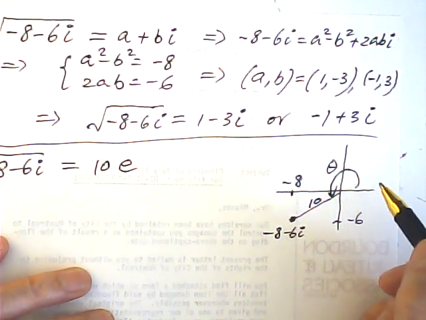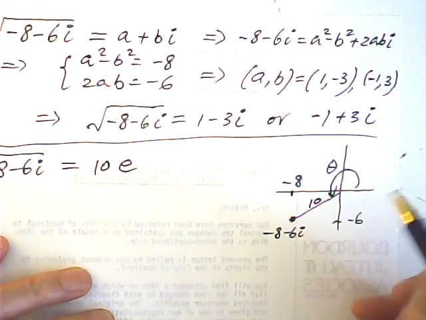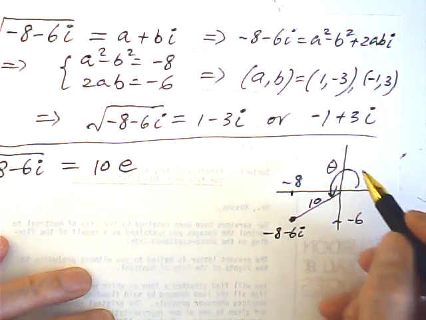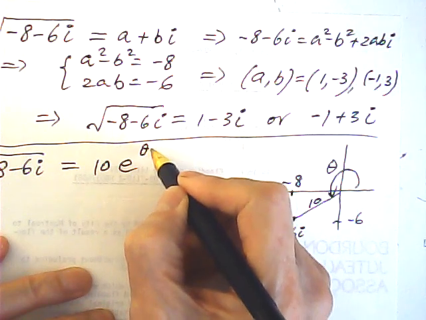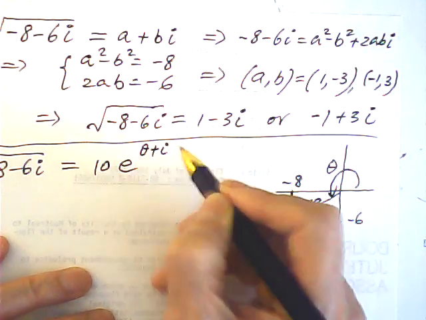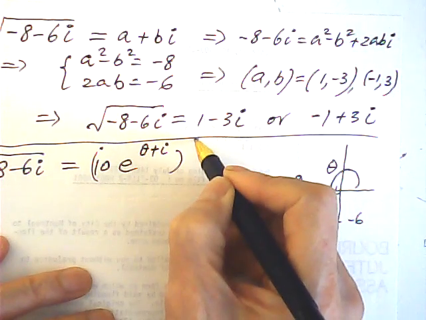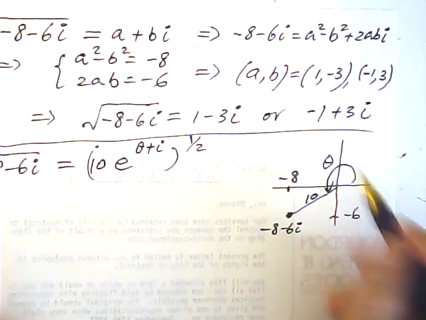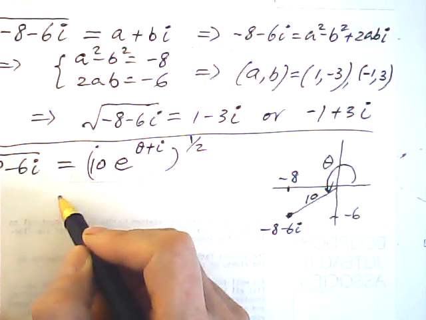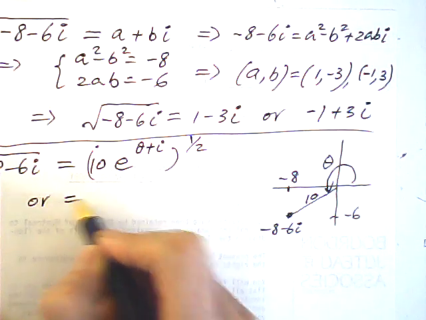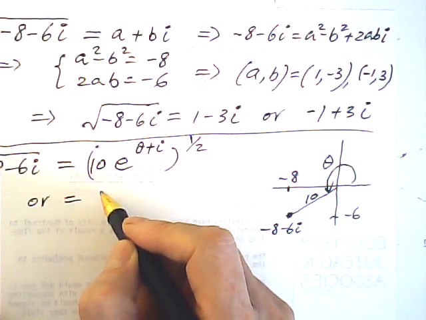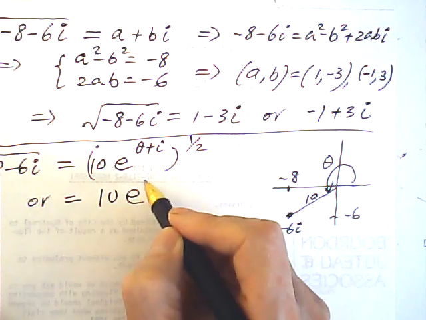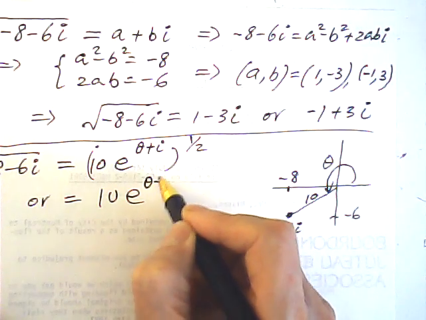and the argument theta, plus i, square root. That is one of them. But this angle could be theta plus 2 pi, right?